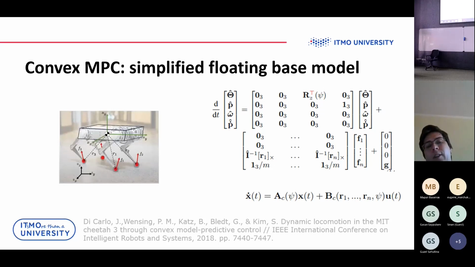And we can linearize it with the simplification that the robot doesn't move much. So the angles such as roll and pitch can change due to movements, but speaking about angular changes, only the angle around the z-axis can change.